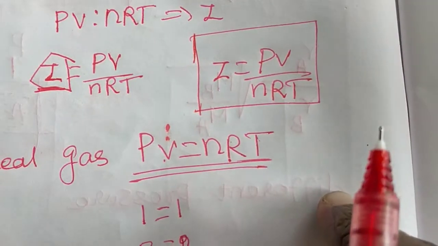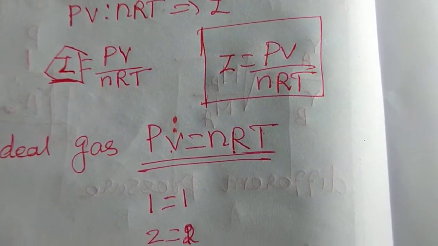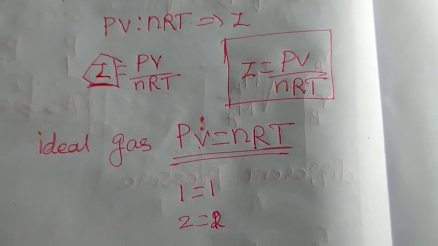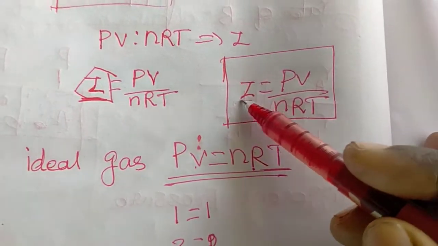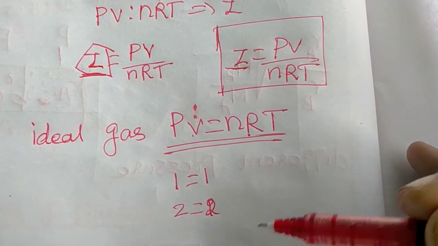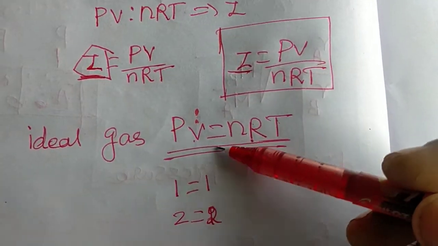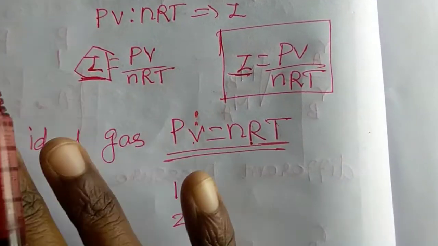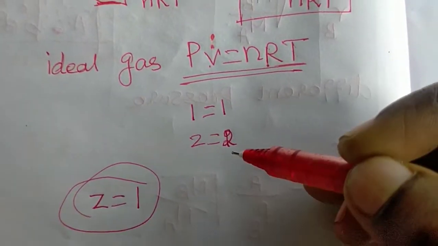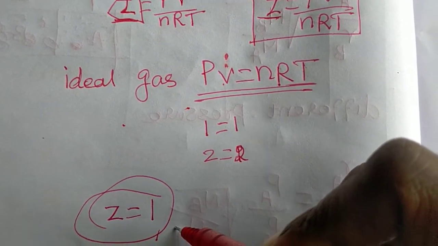Compressing gas under a certain pressure and temperature, you get the factor Z. For the ideal gas, under all conditions of pressure and temperature, PV is always equal to nRT. That's why the compressibility factor of an ideal gas is always Z equal to 1.